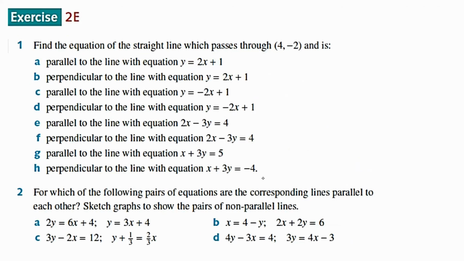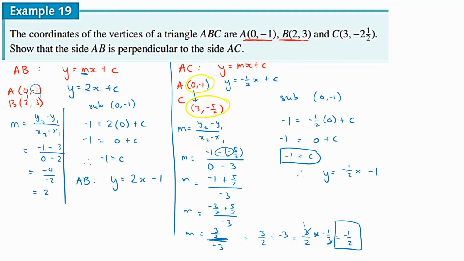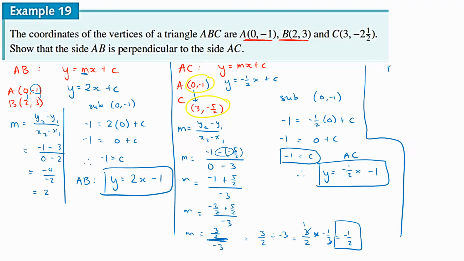Okay, so now you've got these two equations. This is your AC, and this was AB. But you haven't finished. The question says, show that the side AB, which is the first equation, is perpendicular to side AC. Now, remember, the only way for them to be perpendicular is if their gradients multiplied give you negative 1.